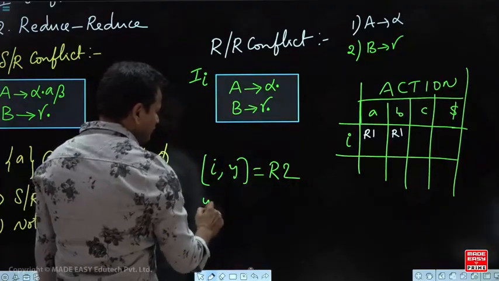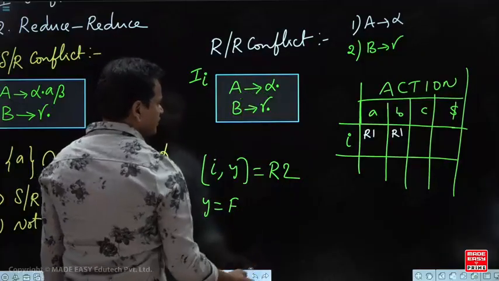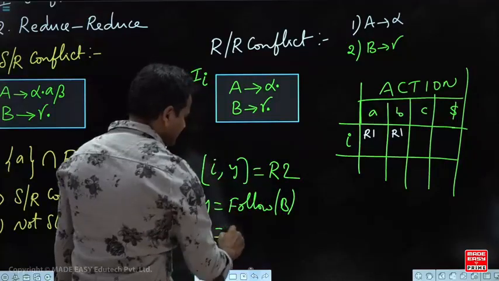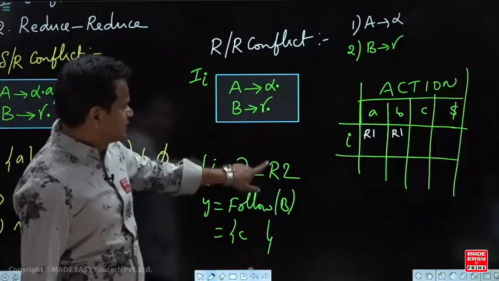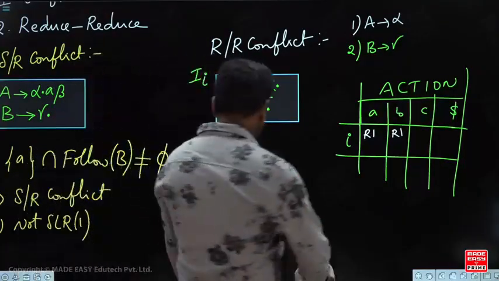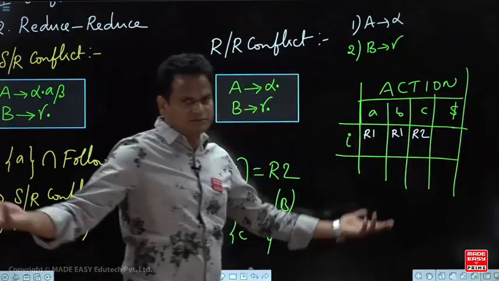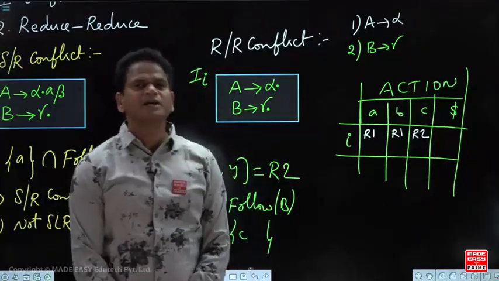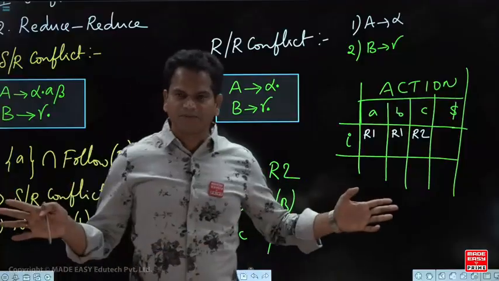Y is follow of B. So follow of B. Suppose follow of B is C. Are you following? So as it is a final item, reduce, and it is ith row, yth column, y is follow of B. Follow of B is C. So in I comma C, we write the reduce 2. That's it. Did we get any multiple entries here? No multiple entries. Then no conflict.